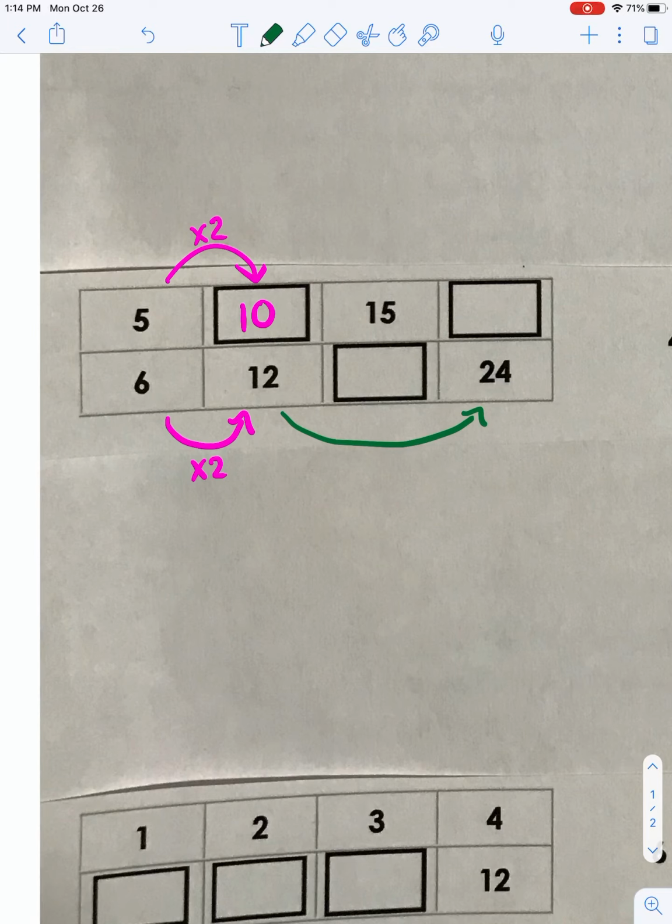Why am I doing that? Because I'm looking for the number that goes above 24. So 12 times 2 is 24. And so I'm going to go from the number in the same column, which is 10, and multiply it by 2, and that's going to give me 20.